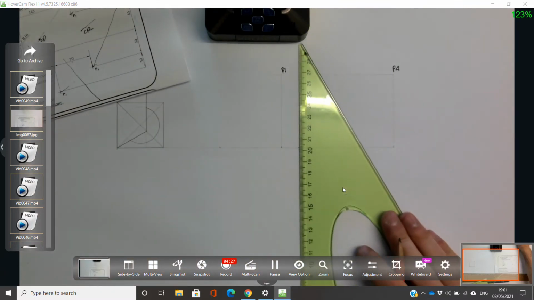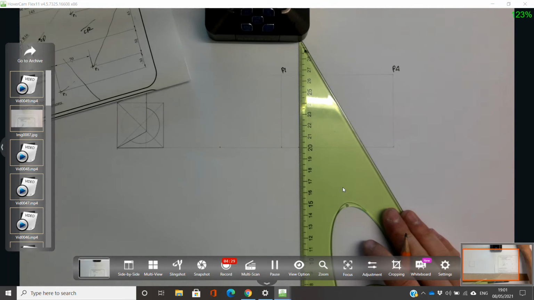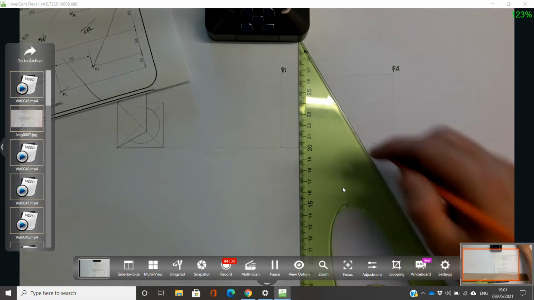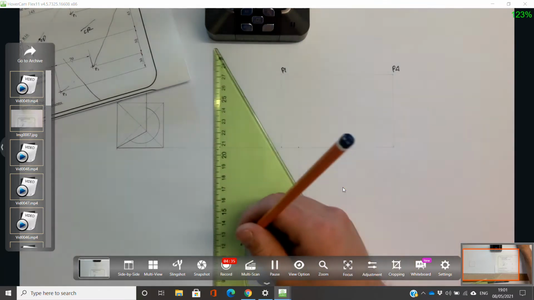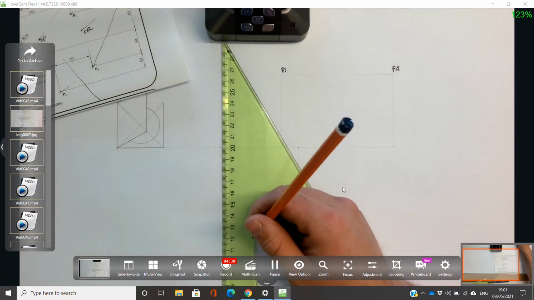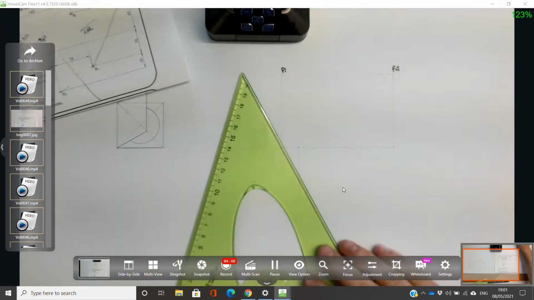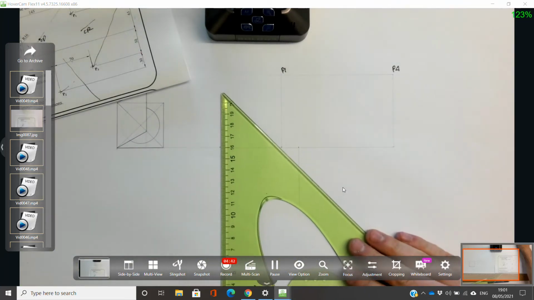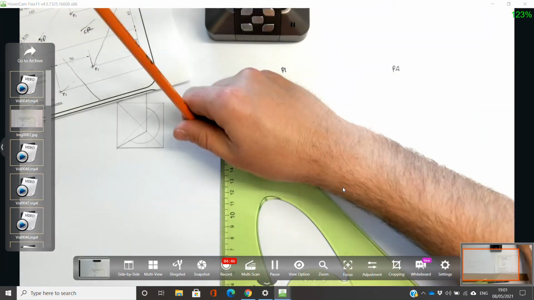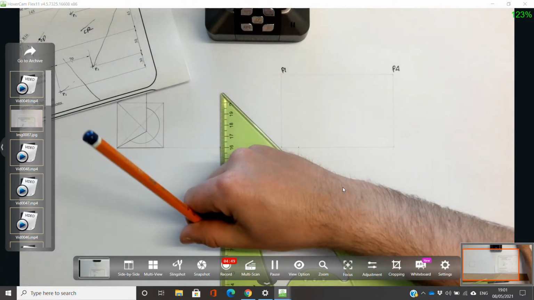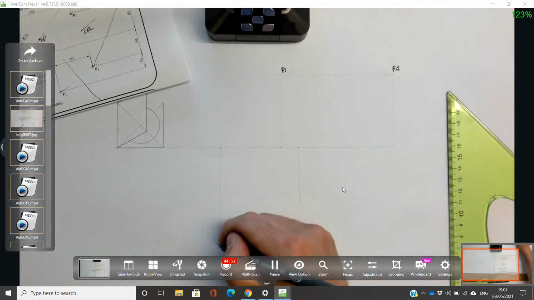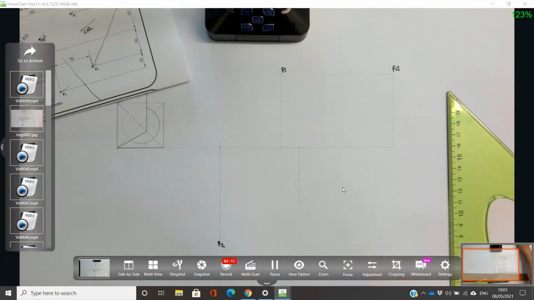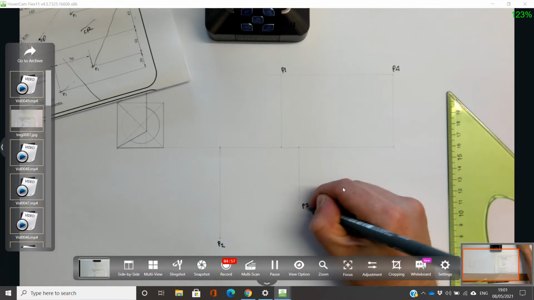And then we go down our distance of 50 for P3, and down 80 for P2. And then we have them marked in.